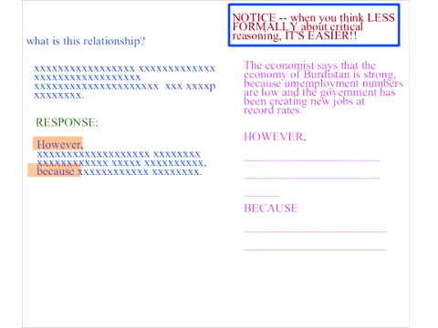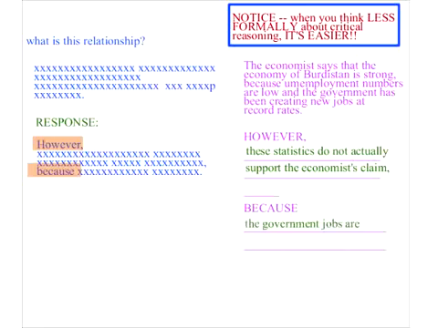Something like this claim is, however, these statistics do not actually support the government's claim, or the economist's claim, because the government jobs are temporary and funded from money that will soon be exhausted.